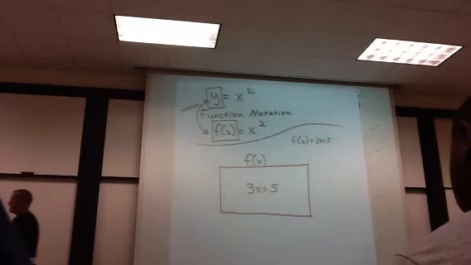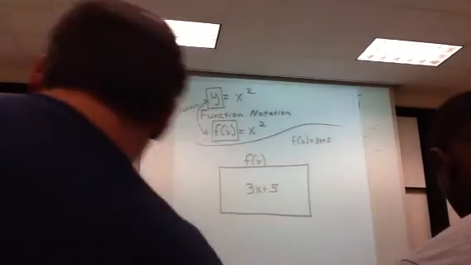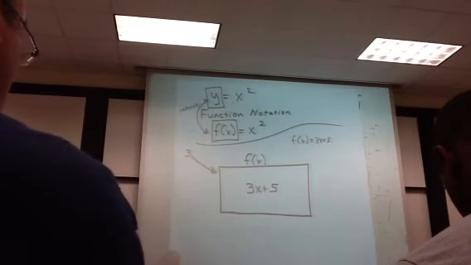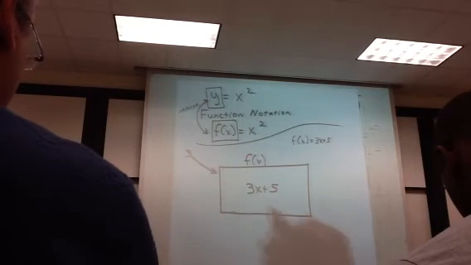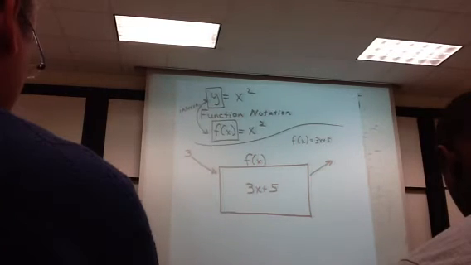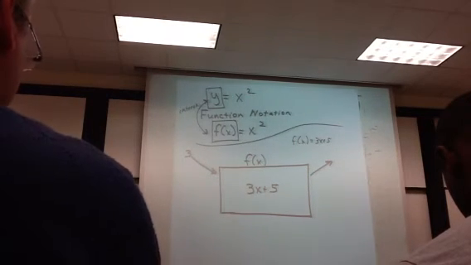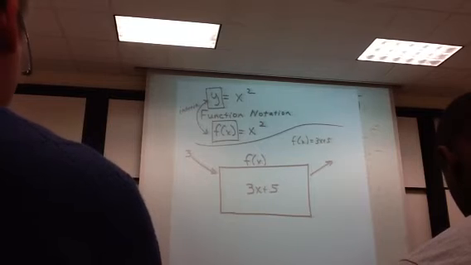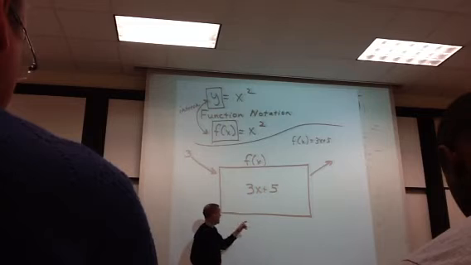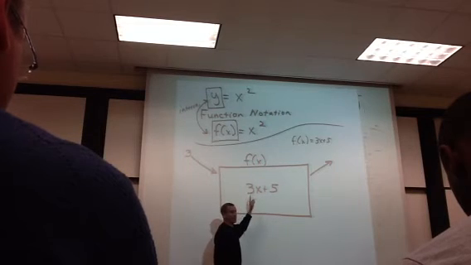So if I have a mathematical input, this machine does its computations and spits out, in this case, what value? That's right. Here's what it says. It says, oh, you give me a 3, I got one thing to do, multiply by 3, add 5.